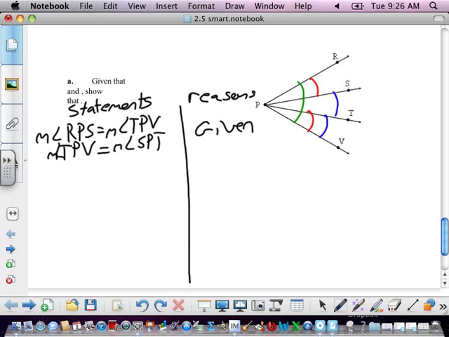Can I say this? What do we call that? When A equals B, B equals C, so A equals C. Transitive.